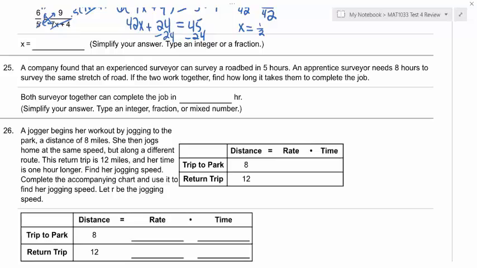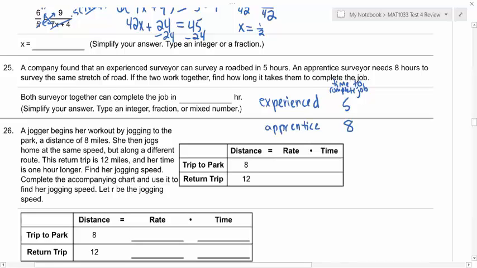But that's okay. So, we have an experienced surveyor and an apprentice surveyor. I'm going to make a chart. You don't have to make a chart, but if it helps you, I definitely recommend it. So for the experienced surveyor, the time to complete the job is 5 hours. The apprentice takes 8 hours.